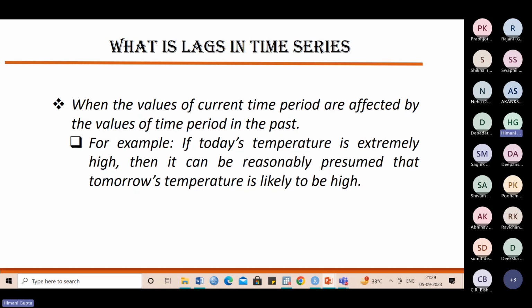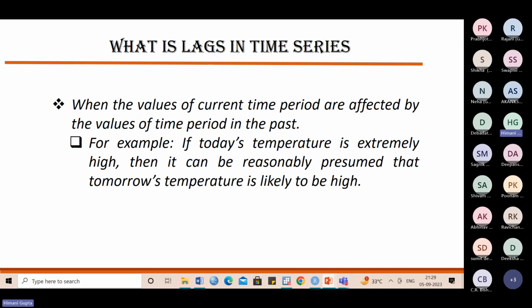So that means lag values are there. Whatever you have done in the past has an impact today. That is known as a lag value. So if we are doing regression analysis, as other variables are important, lag values are also important. We cannot ignore any of the lag values.